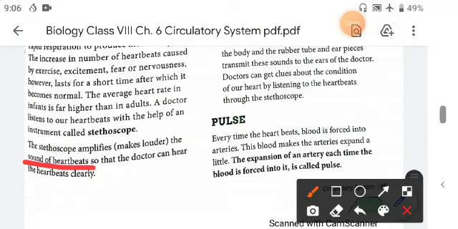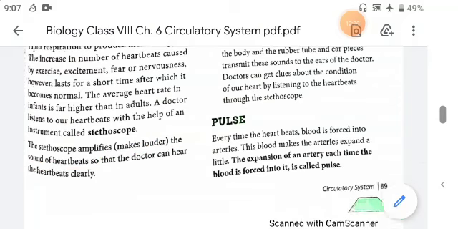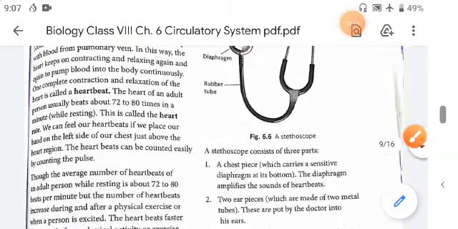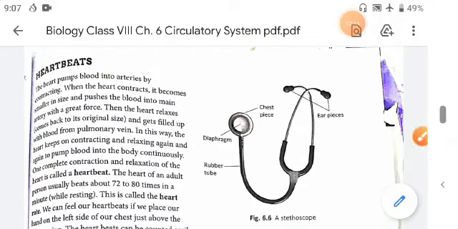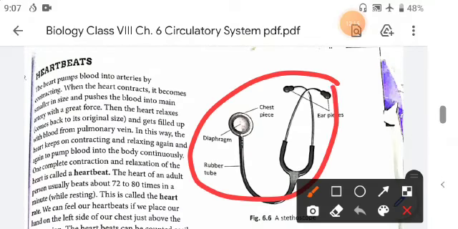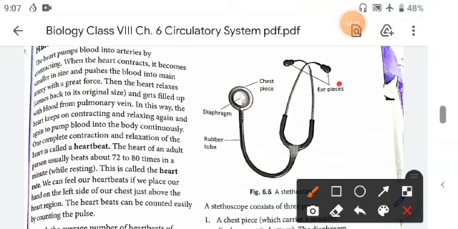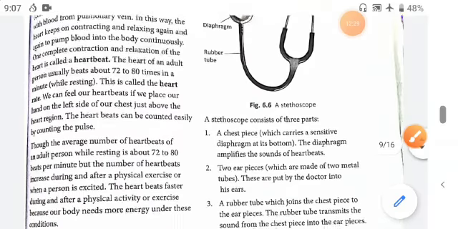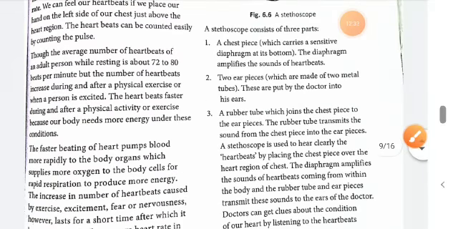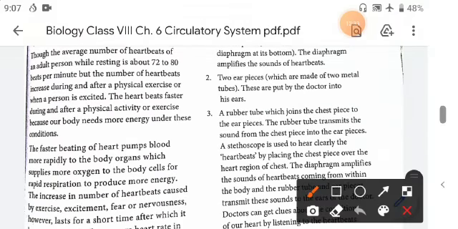That means it produces a loud sound of heartbeats so that the doctor can hear the heartbeat clearly. Any doubt? This one is the figure of a stethoscope. Here are the earpieces, chest piece, diaphragm and rubber tube. Now a stethoscope consists of 3 parts. All the parts are given there.